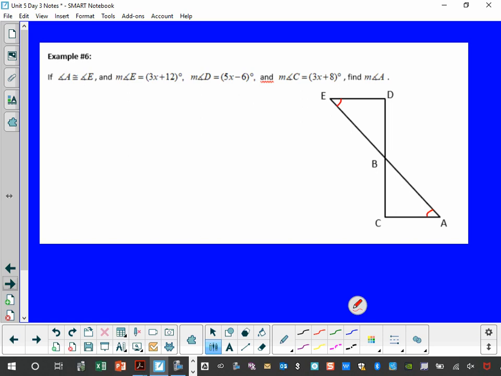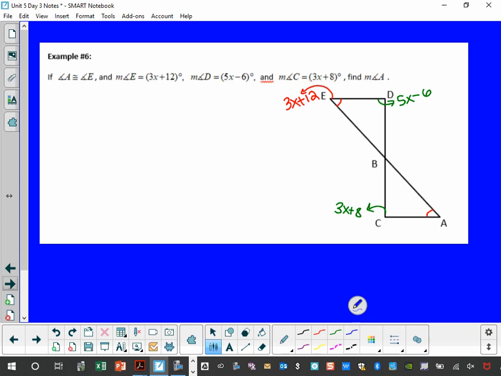And angle E is 3x plus 12. And angle D is 5x minus 6, and angle C is 3x plus 8. They want us to find angle A.